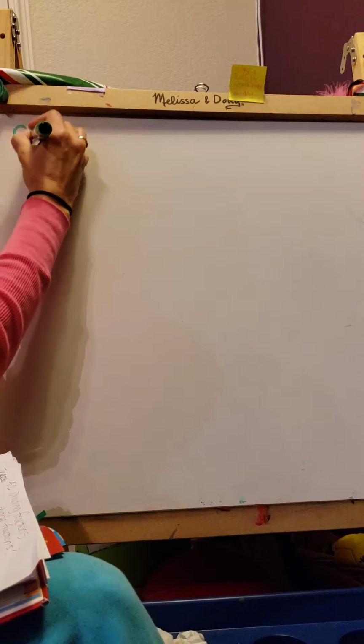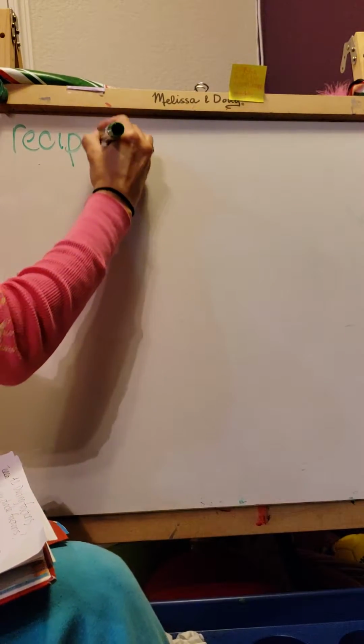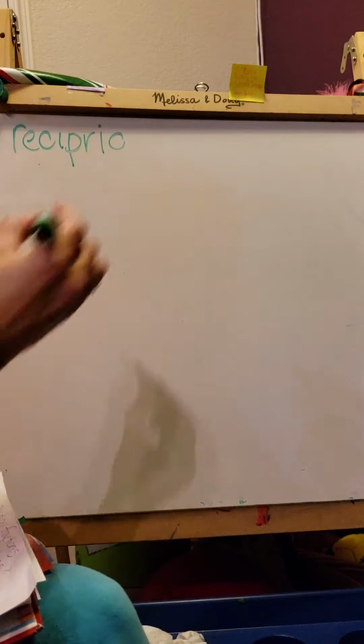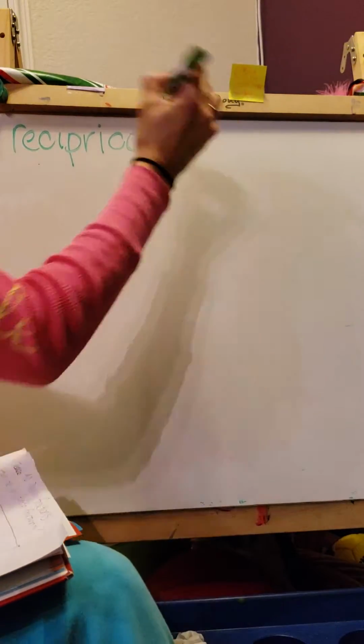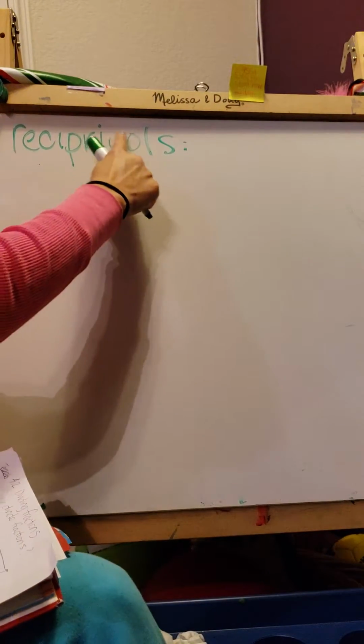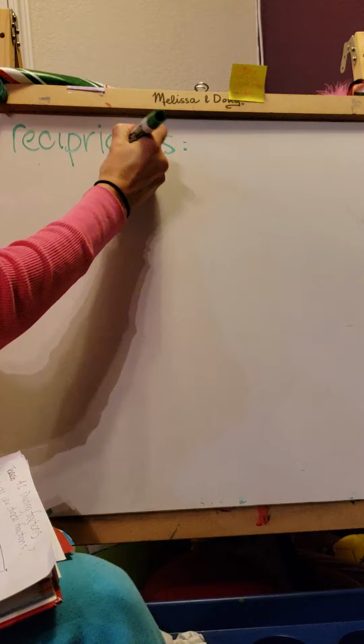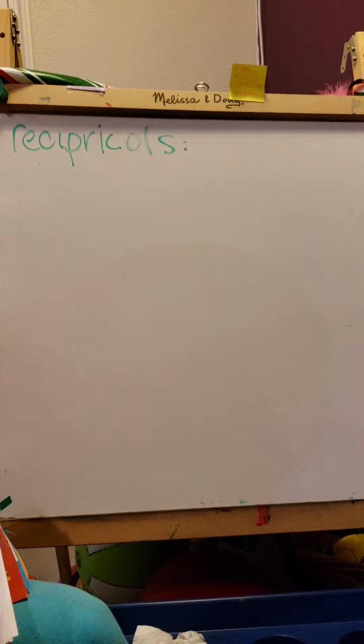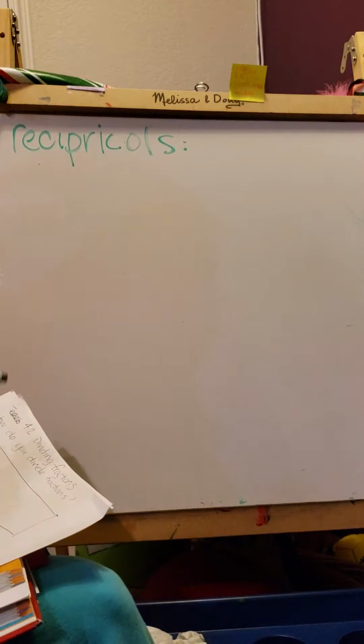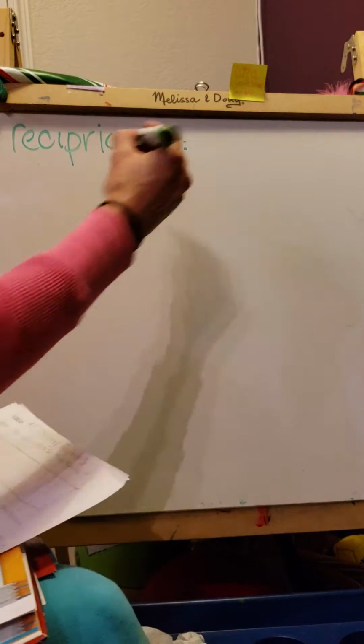All right, so now you do need to take your notes back out, and we're going to add a vocabulary word to our journals, and it's reciprocal. Reciprocal or reciprocals. So go ahead and get that written. Basically, I'm going to give you the verbal definition, and then I'll give you an example.